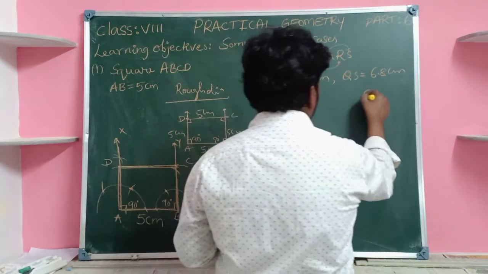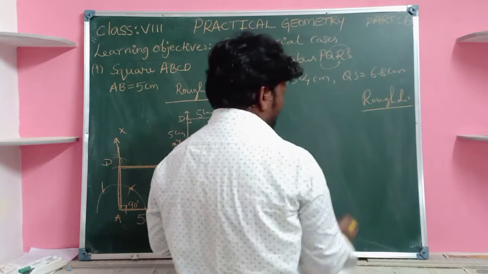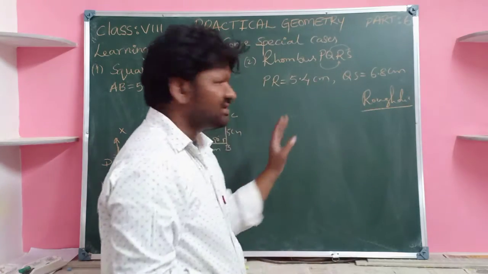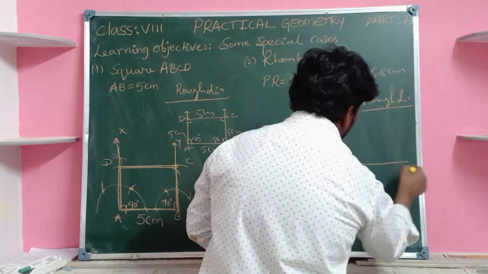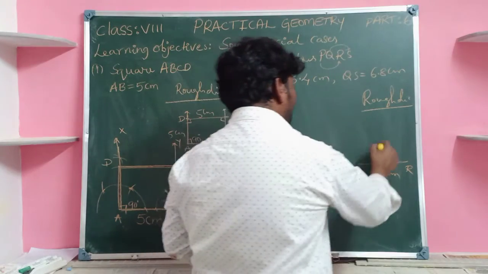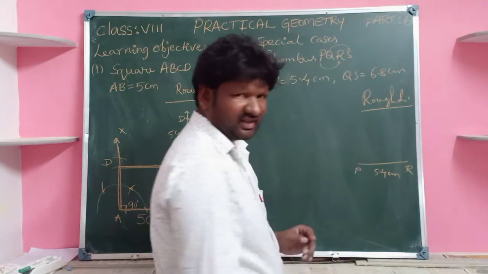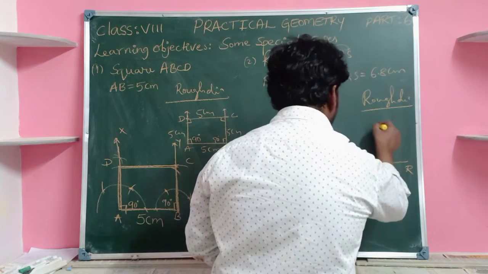So in the rough figure or diagram, I will take any one as a base. So PR is equal to 5.4 centimeter. And I will draw one perpendicular bisector line of this PR. This is the perpendicular bisector line.